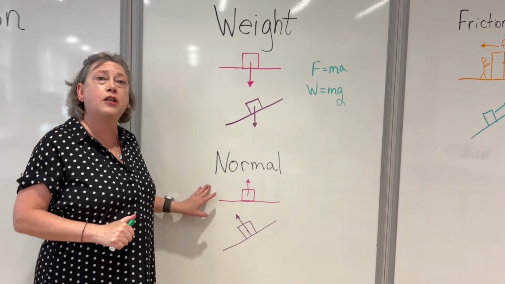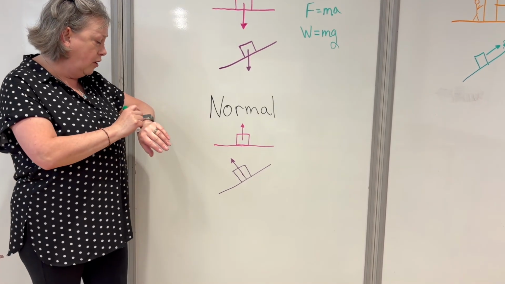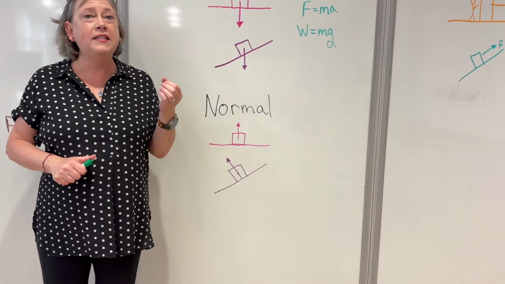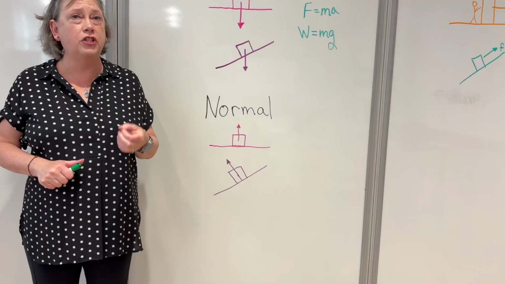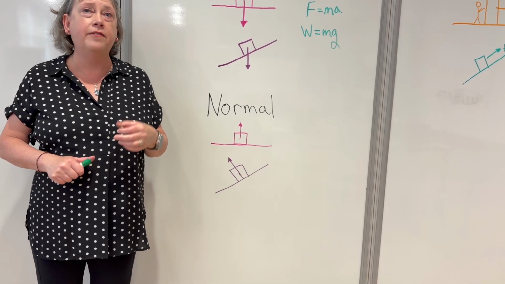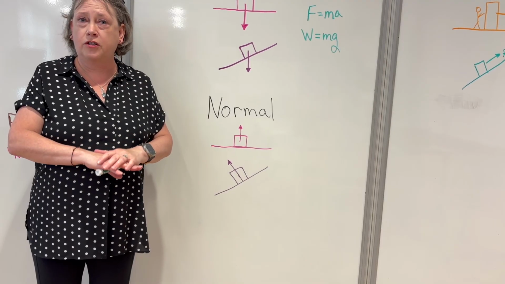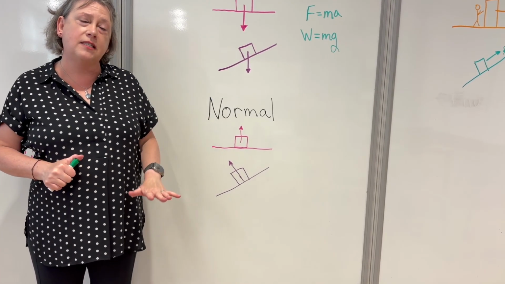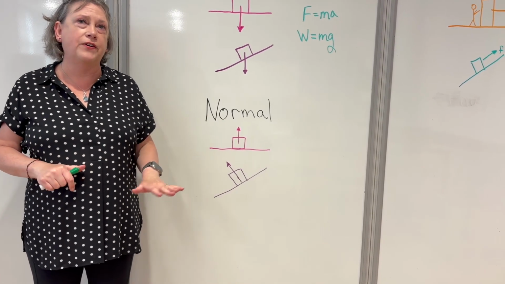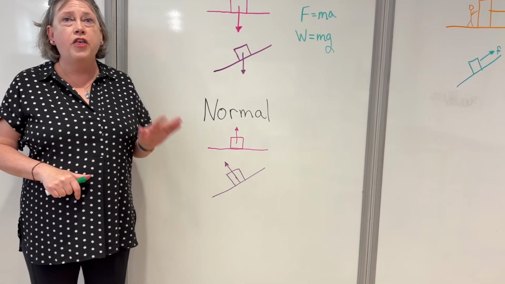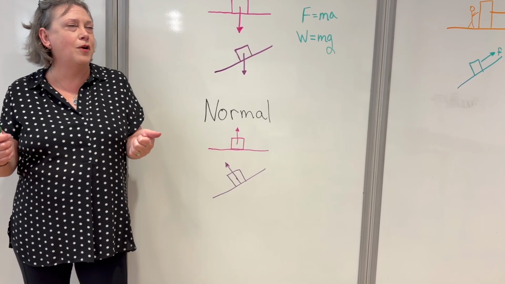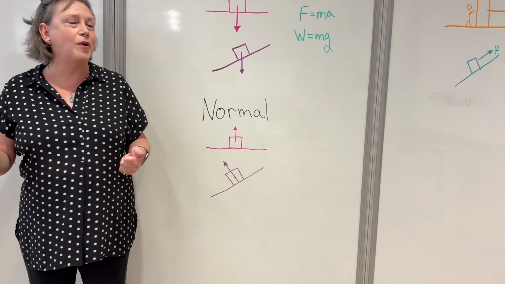Our next force is a normal force. And the normal force always acts perpendicular to the surface when you have an object sitting on a surface. So anytime you have an object sitting or moving on a surface, there will be a normal. If you remember from your math class, normal means perpendicular.